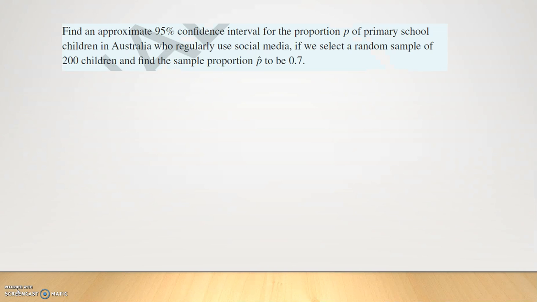Find an approximate 95% confidence interval for the proportion P of primary children in Australia who regularly use social media if we select a random sample of 200 children and find that the sample proportion P hat is 0.7. Now in this example, the sample size has been increased from 20 to 200, and so therefore we can predict that the 95% confidence interval is going to be lower.